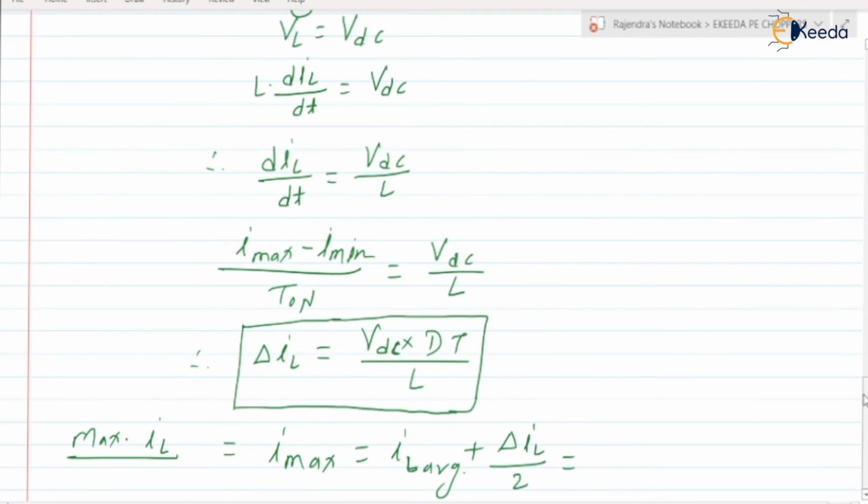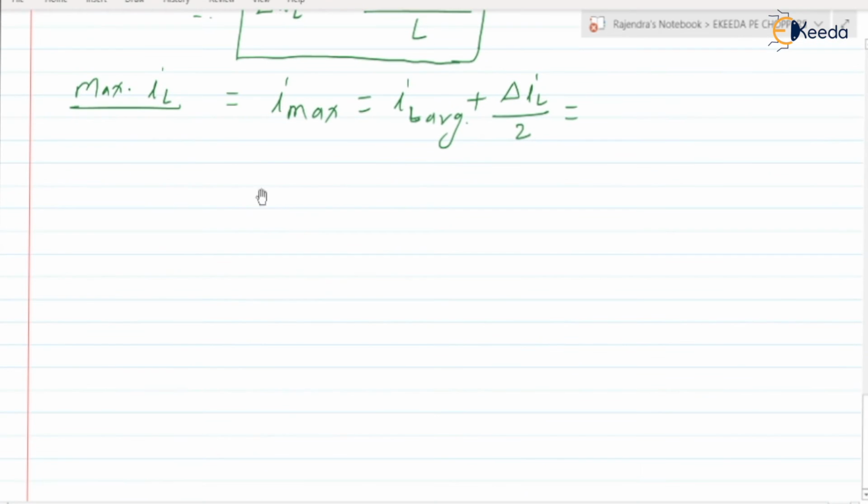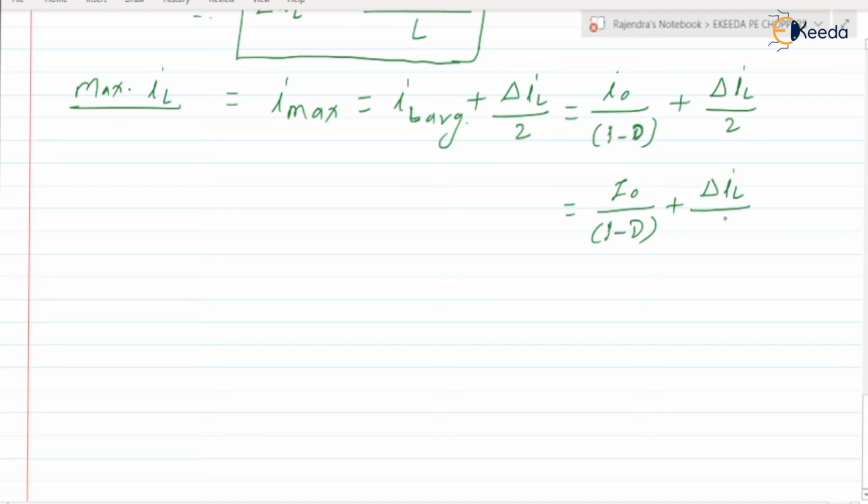So Imax is I0 upon 1 minus d, plus delta IL by 2. This is the Imax.